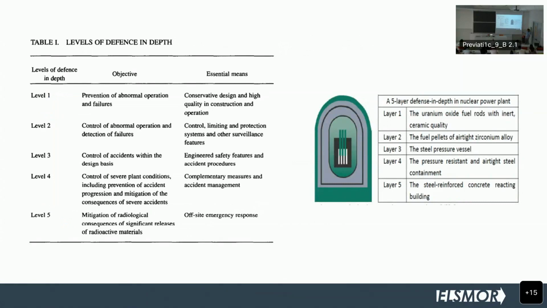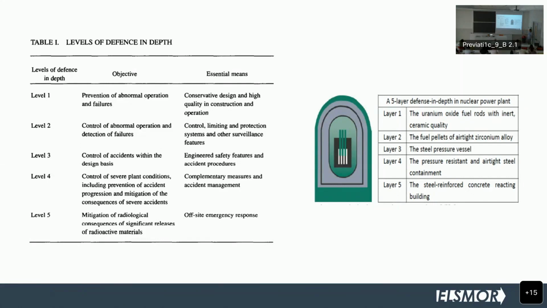We want to control accidents that are within design basis, and then we need to control what happens beyond the design basis, beyond the basis which the plant has been designed to endure, and severe accidents, which is basically saying that the core is starting to melt.